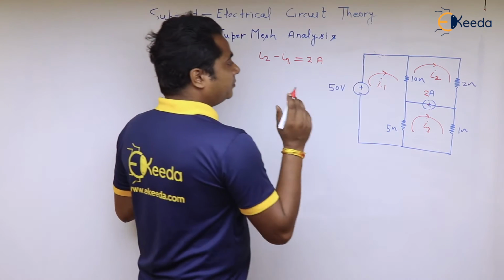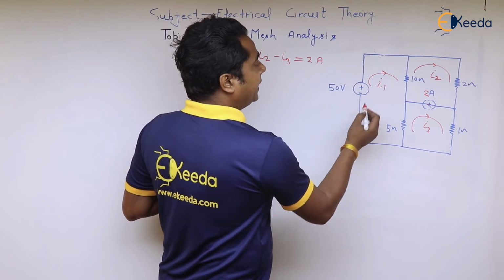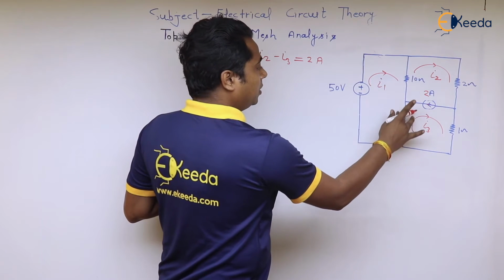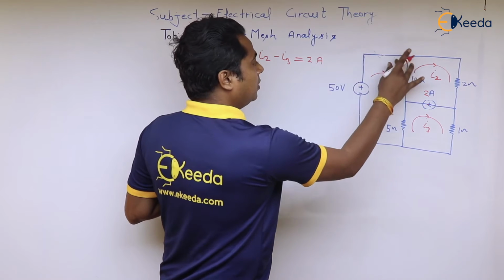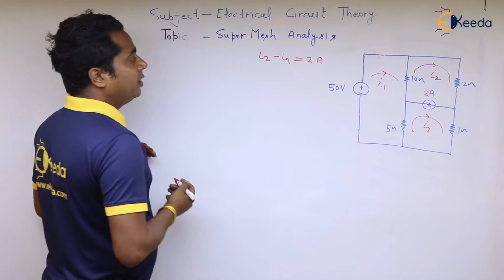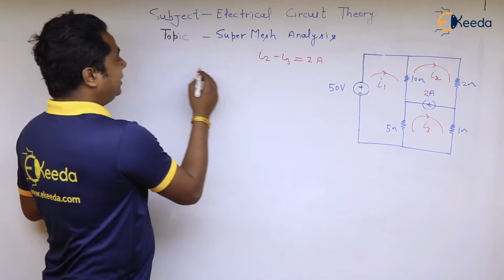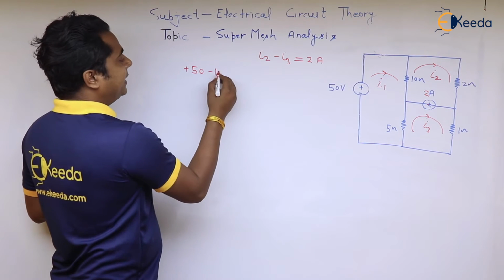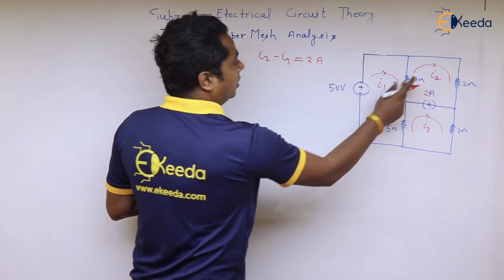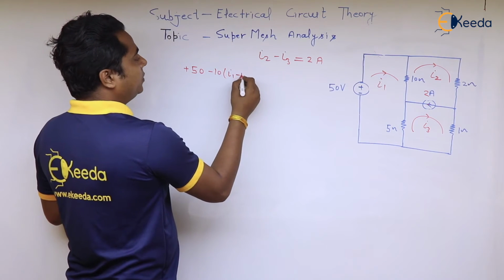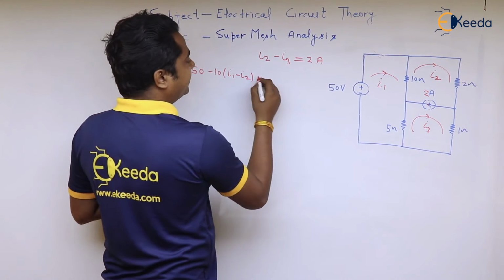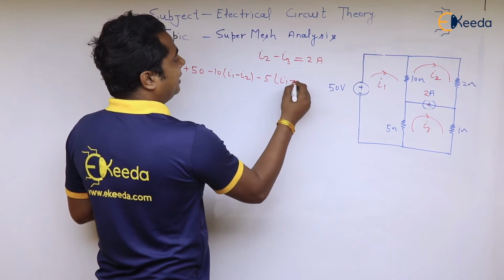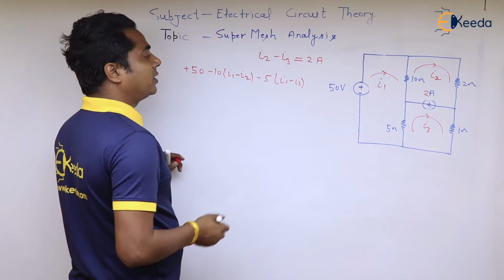And next we can apply here what it will be, minus 2 plus 50 plus 50 minus 10 I1 minus I2 minus 5 I1 minus I3, or you can use the shortcut.